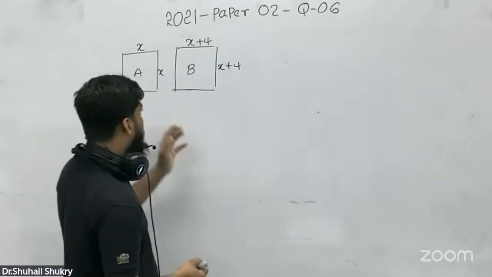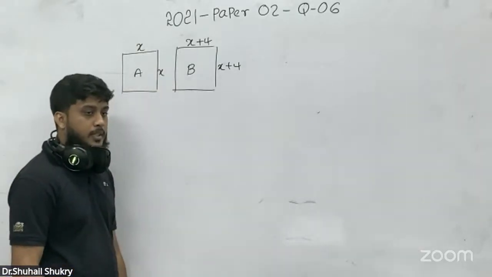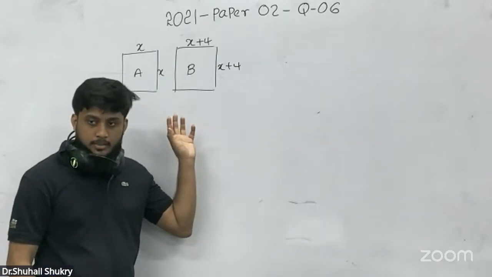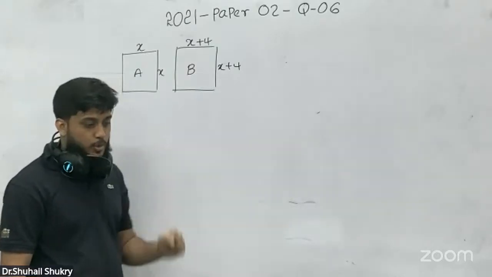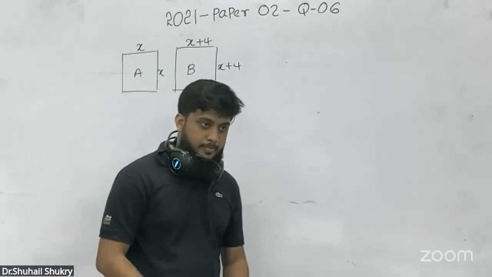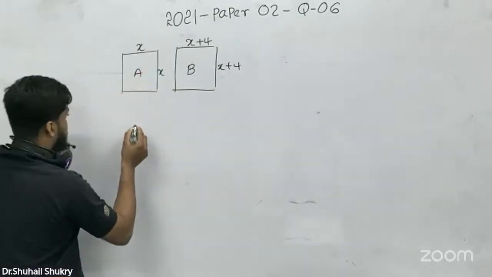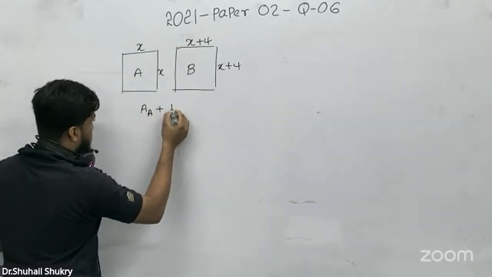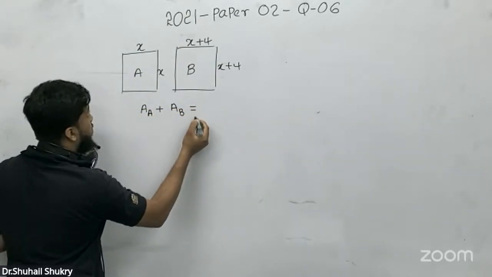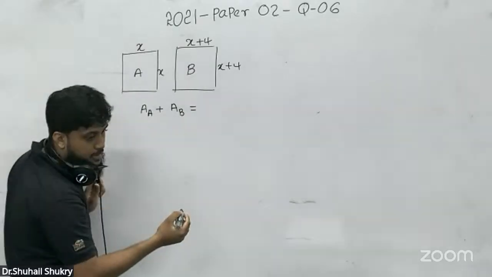But now they have given us data. What is the data? If you add these two areas, that is equal to 88. Area A plus area B equals 88.